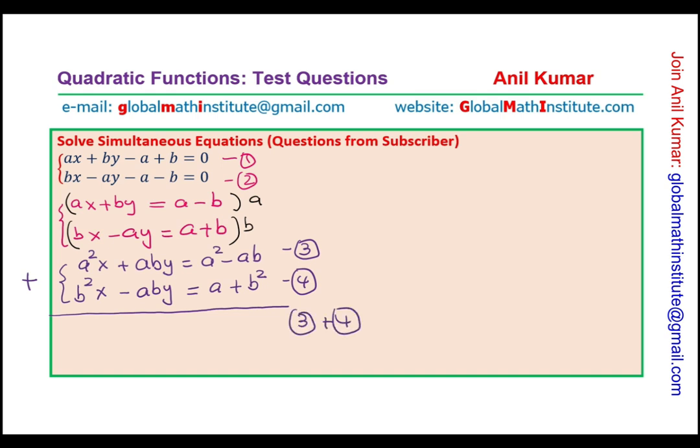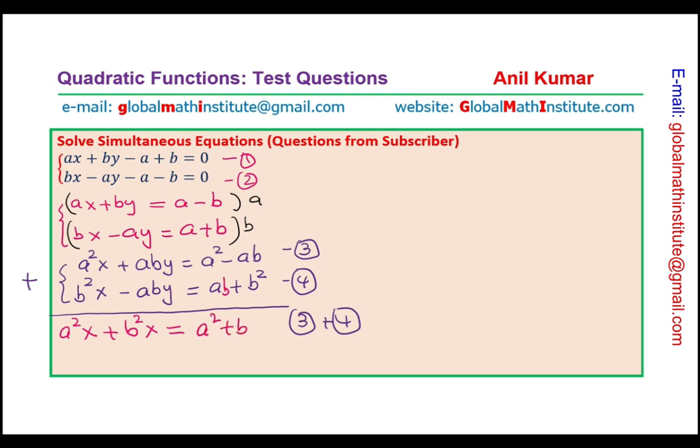As soon as you add, the y terms get cancelled and you get a square x plus b square x equals, now this was ab, right? So ab cancels, and when you add it, you get a square plus b square.